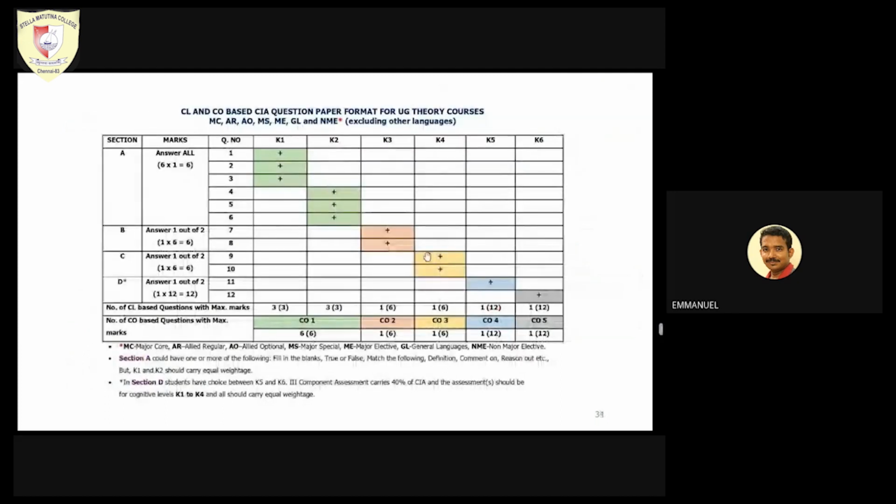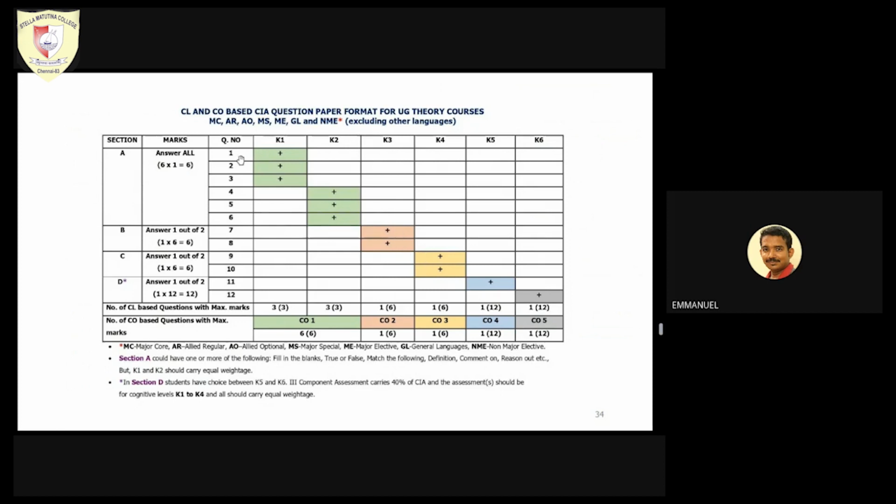This tabulation gives you a precise look at how we have adopted a CIA question paper model. This is the format for the CIA question paper. Next, I'll show a sample question paper.